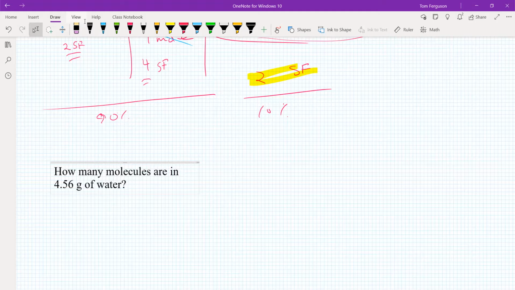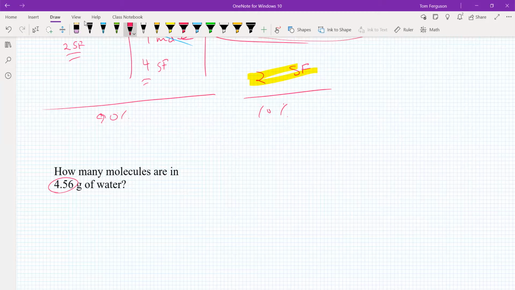Okay, what's given? Oh, there's no chemical reactions. We can skip that one. So what's given? Look to the number to determine what's given. 4.56 grams of water. Yeah, exactly. So the number is here, so that's our given.